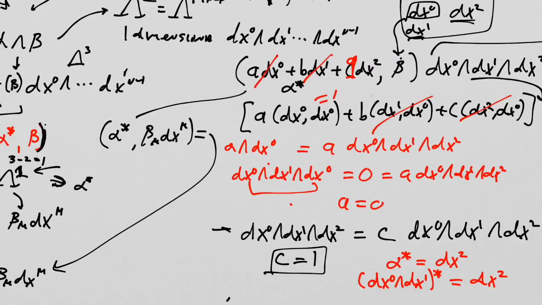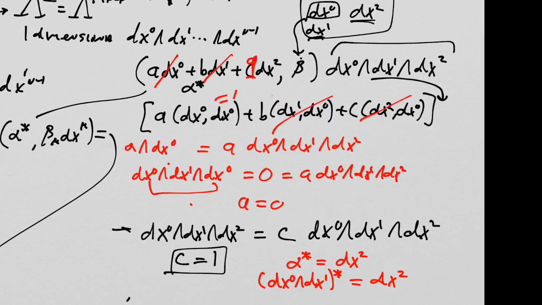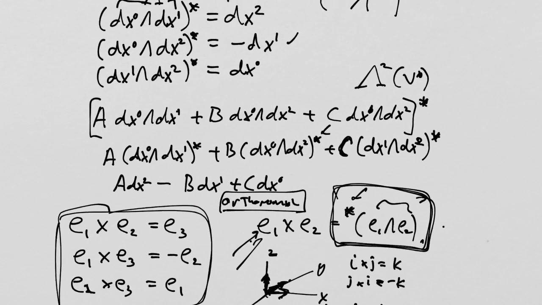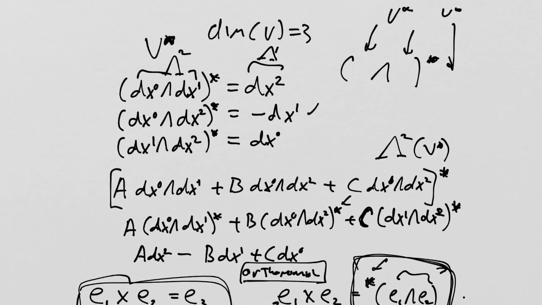And I just did this calculation using this inner product to calculate a Hodge dual for each of the basis vectors. And once we had the Hodge dual for each basis vector, we were able, by linearity, to find the Hodge dual for any member of the space. So you always want to hunt down this stuff.